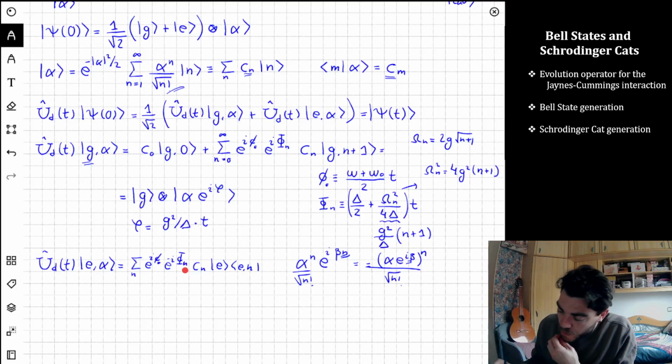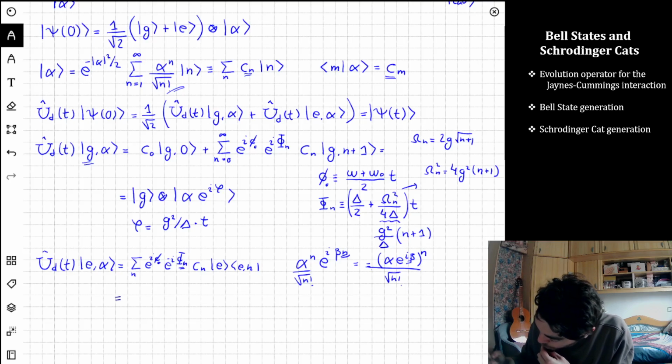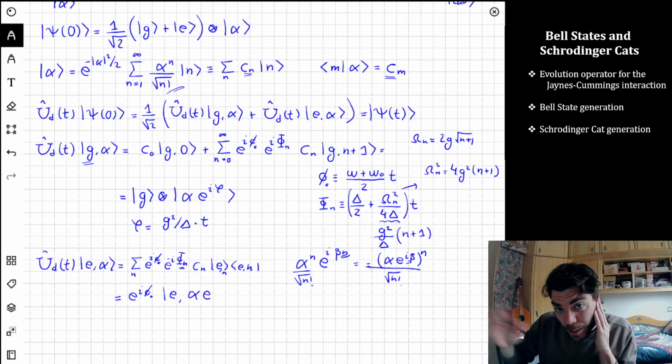But this phase shift depends on the number n, such that it's clear to see that we can write it again as some kind of global phase factor. And now the excited state, because it's the excited state all along. And then with the Fock state we basically created a new coherent state that is just a phase.